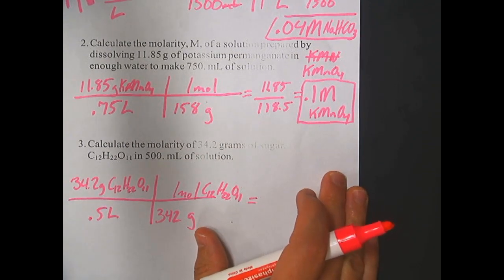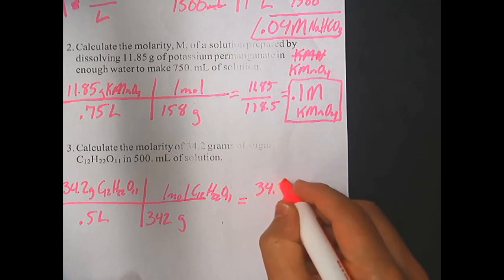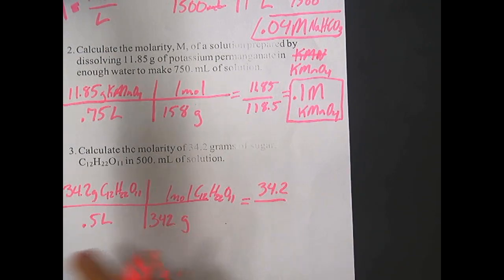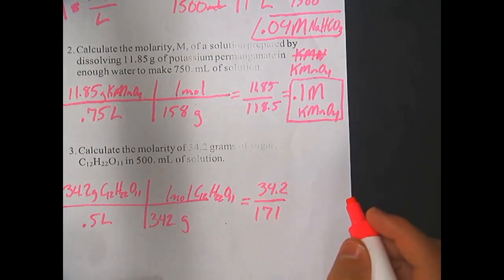All right, so now we just do the math. We end up with 34.2 on top, 0.5 times 342, so half of 342, 171 on bottom.